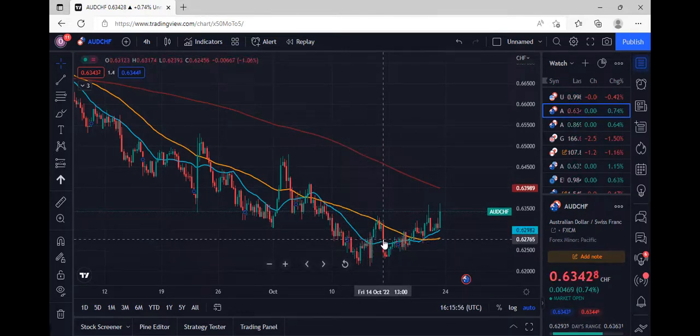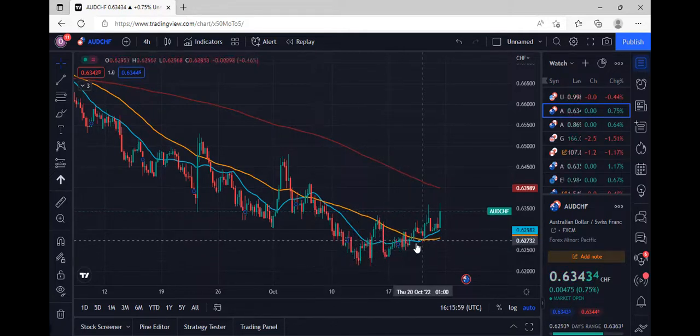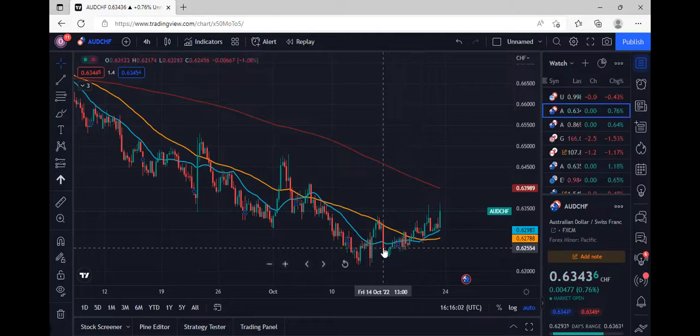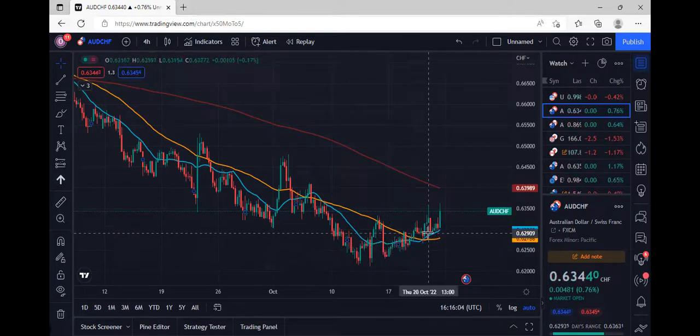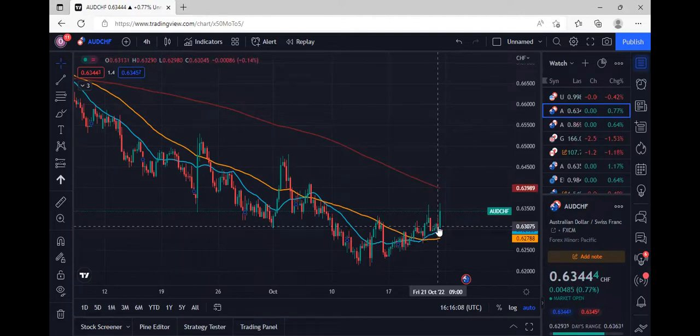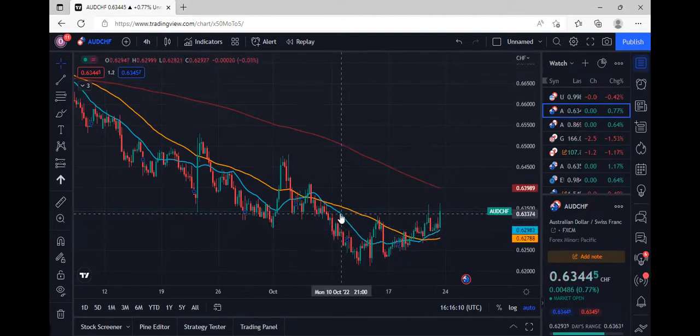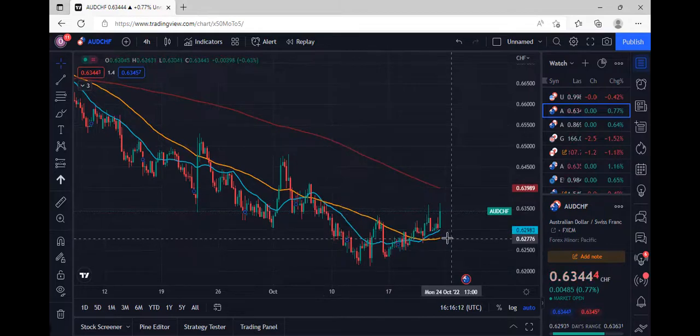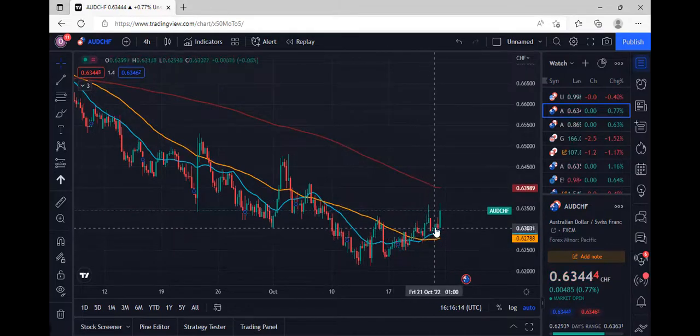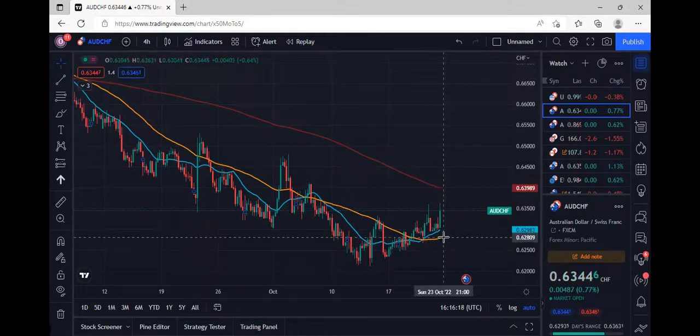The same thing is happening right in front of our eyes right now, where we can see the market. Actually, the blue line, which is a light blue line, which is our 20 moving average, crossing the 50 moving average, whereby we are now seeing the 20 moving average above the 50 moving average, which is our yellow moving average.